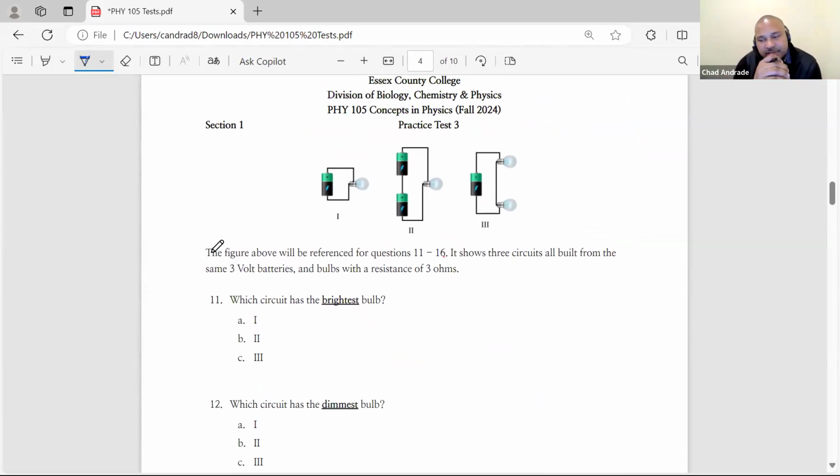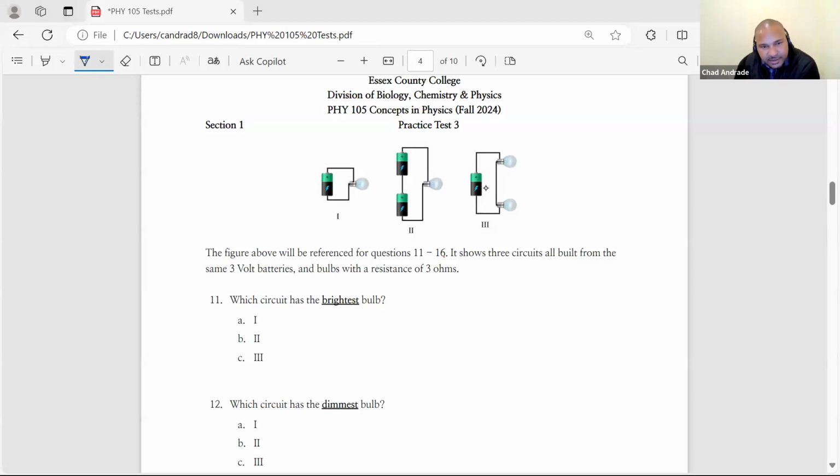I think in the multiple choice, the next few questions are going to refer to this image, right? These are the same kinds of batteries, and this question says they're all 3-volt batteries.